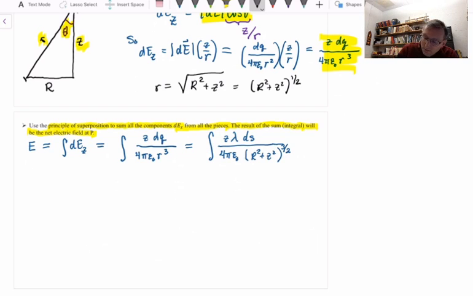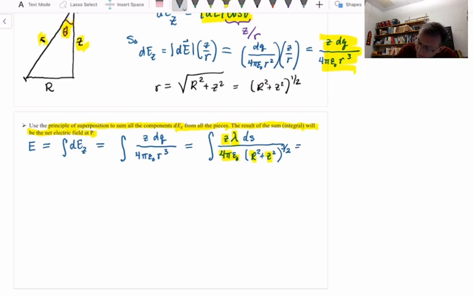All right, so note, as you imagine going around the circumference of the ring, little piece by little piece, the z is the same for every piece. It's the distance from the center up to point P. The lambda is the same for every piece. Of course, 4 pi epsilon 0 is all constants. The big R is the same for every piece. And then there's that z again. So look at that. All those things I've highlighted in yellow are constants as far as the integral is concerned and can be brought out front.